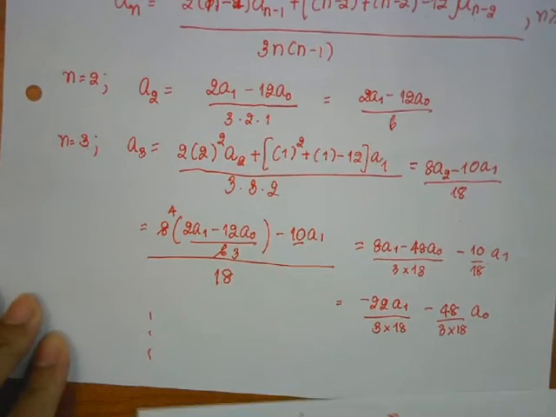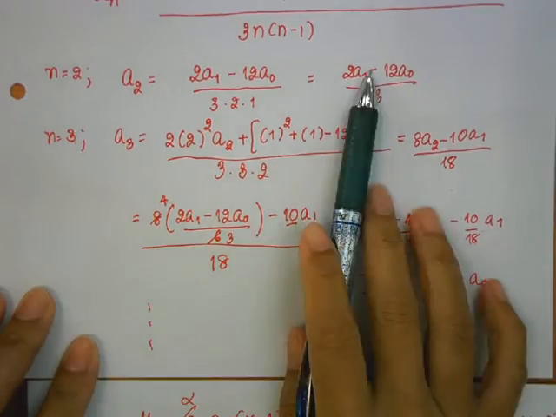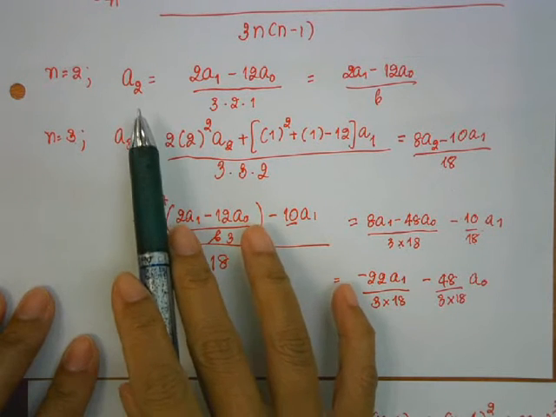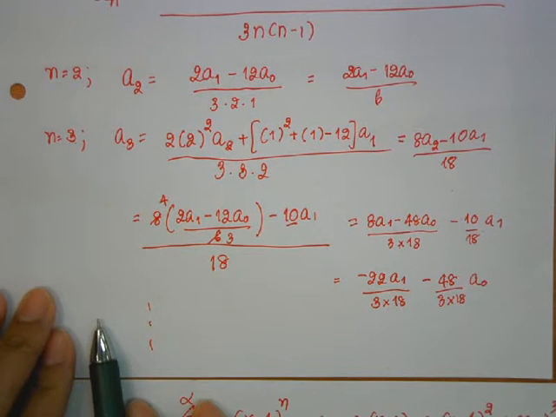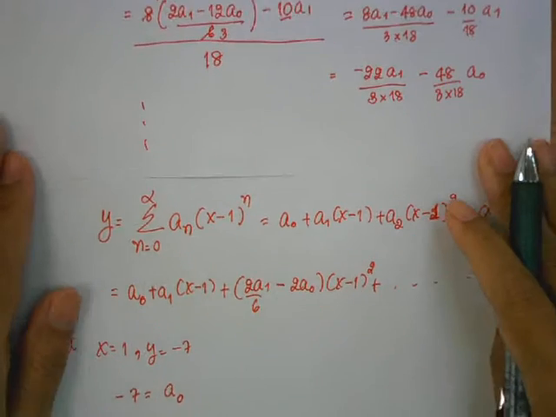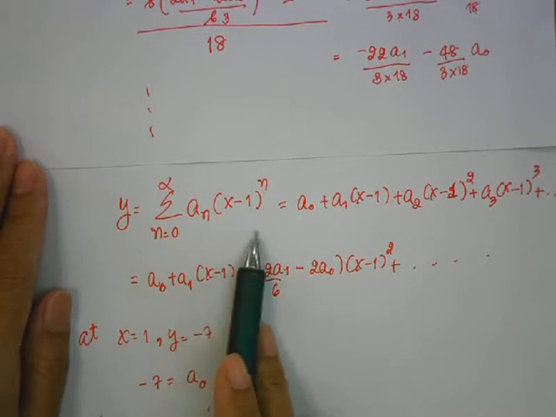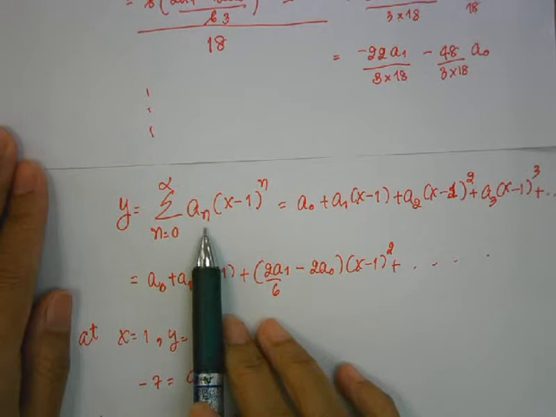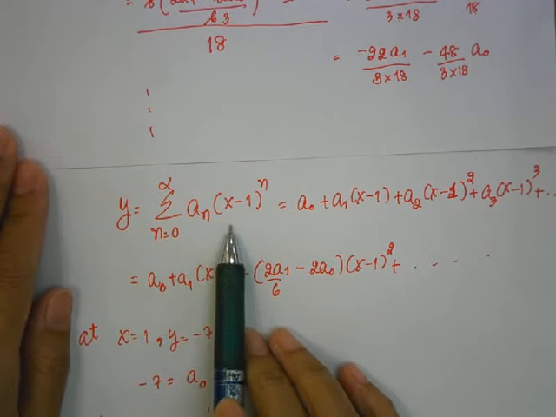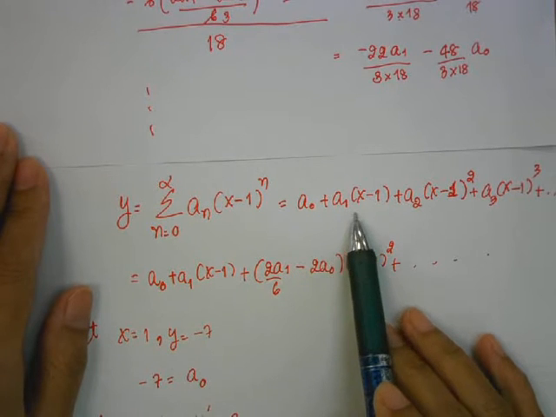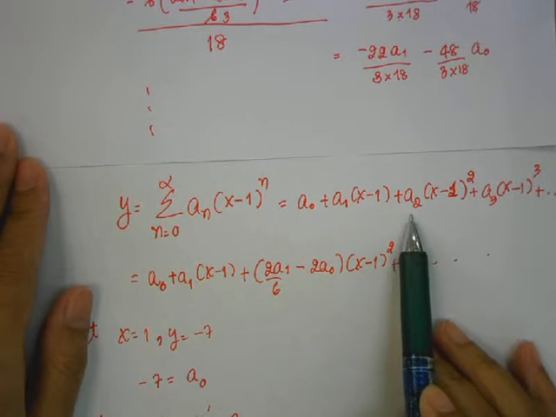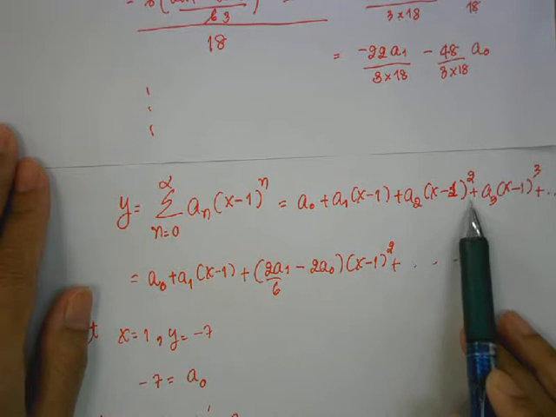Now, because I already know that a2 and a3 are functions of a0 and a1, and it's not a recursion, we don't need to go further. I mean, we don't need to replace with a4, a5. So I'm going to write the answer, saying that from our assumption, we know that y is equal to the summation of an times x minus 1 to the power n, which is equal to a0 plus a1 times x minus 1 plus a2 times x minus 1 to the power 2, and so on.